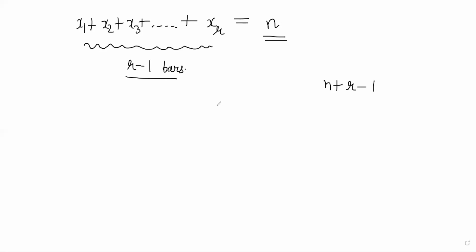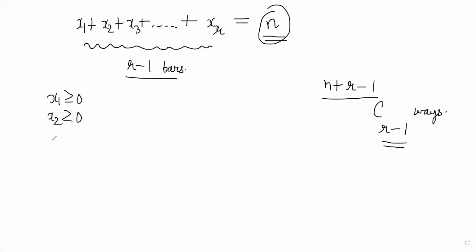That many spots on the ground, out of which you have to select the r minus 1 spots for the bars. Rest will be stars here. So this is the number of ways to solve this equation under the condition that x1, x2, everything is greater than or equal to 0.